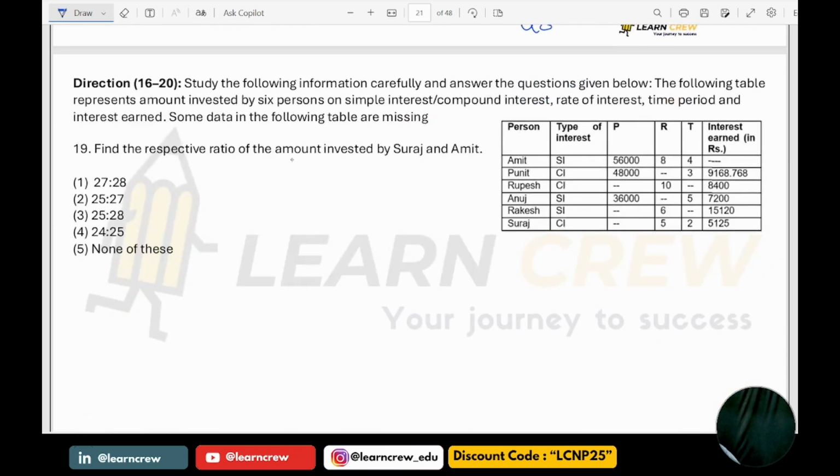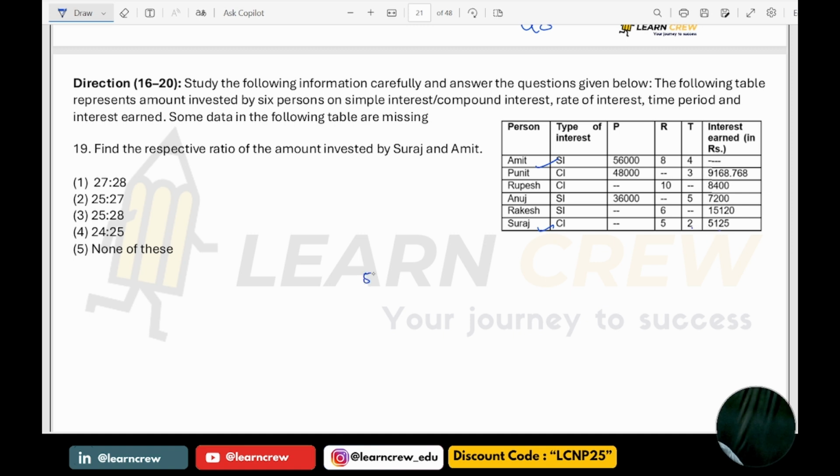Next, find the respective ratio of the amount invested by Suraj and Amit. Suraj and Amit. So here, please see, the compound interest is how much here? 5,125 in 2 years.